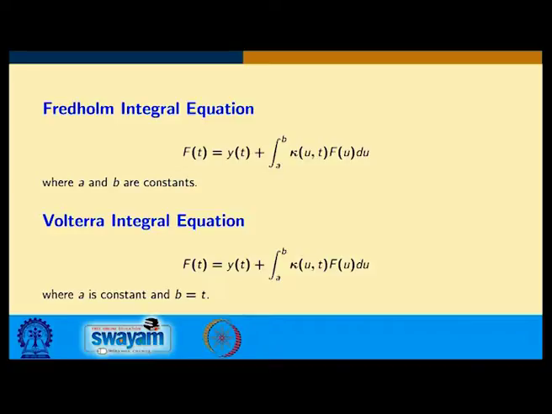The form is similar, f(t) equals y(t) plus integral from a to b of k(u, t) f(u) du, where the only difference from Fredholm is that here a is a constant and b equals t. As I told you, a and b may be constants or some function of t. So in the Fredholm integral equation a and b are both constants, whereas in the Volterra integral equation a is a constant and b equals t.